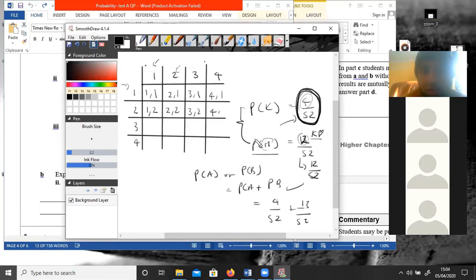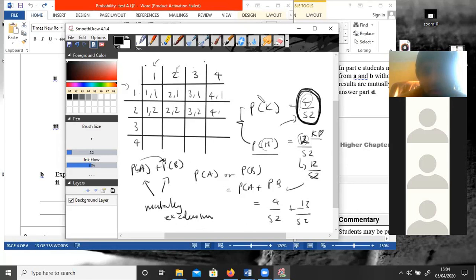Because they're not mutually exclusive, you can't always just directly add them. You can add 2 things, PA plus PB, and we learned this last week, when the 2 events are mutually exclusive. But when they're not mutually exclusive, when one of the things can go into the other one, it means something can be in both groups at the same time.